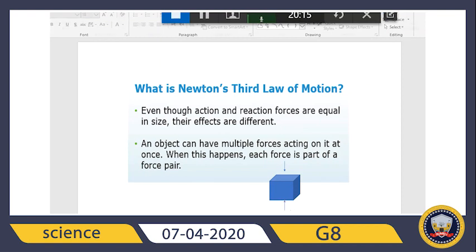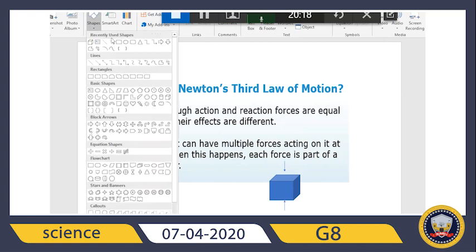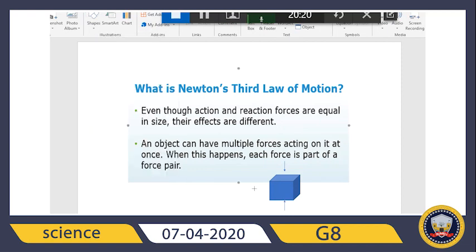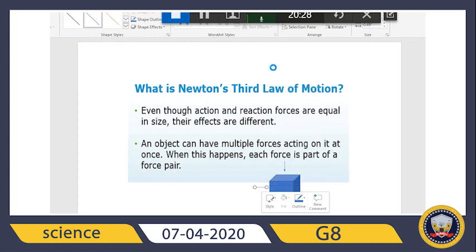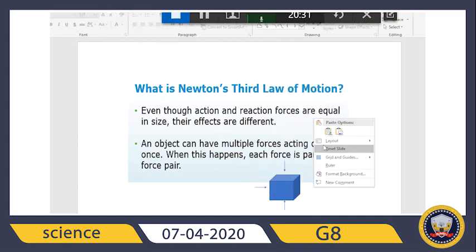At the same time, if we have another force that is acting this way, like if you're pushing the box this way, at the same time guys, we will have another force that will be acting in the opposite direction. Okay, the same one, for example, but in the opposite direction.